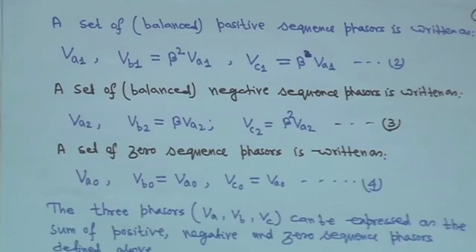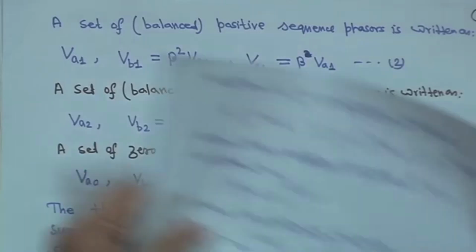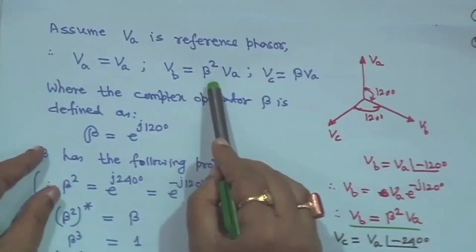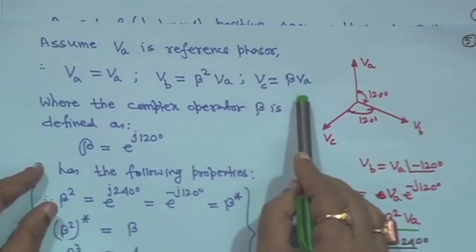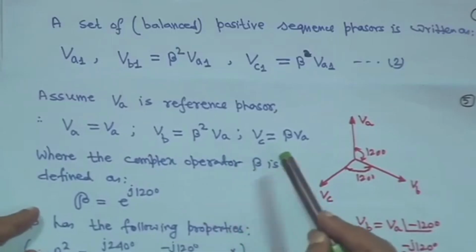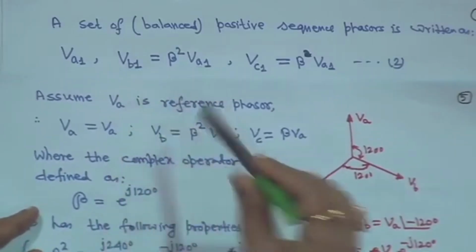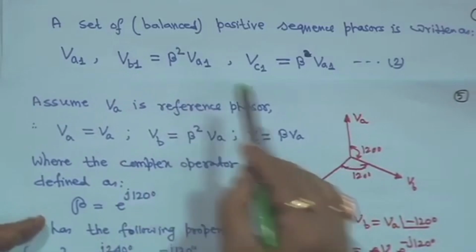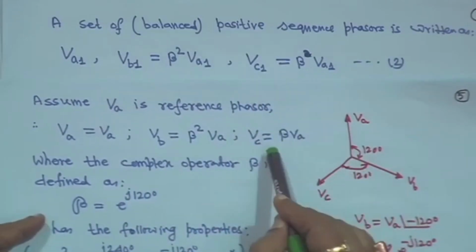Vb will be beta square Va1 and Vc is beta Va1, that is for the ABC sequence. We are making it Va1, Vb1, Vc1. So here also Vb1 will be beta square Va1 and Vc1 will be beta Va1.